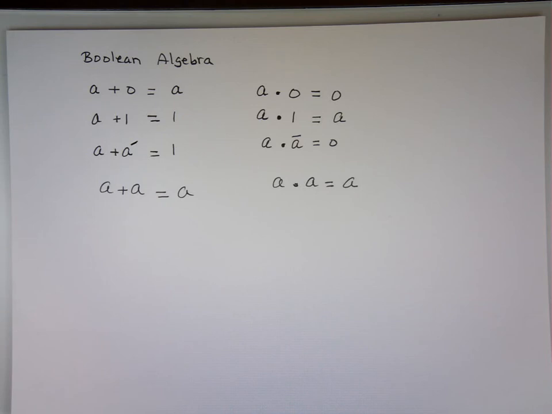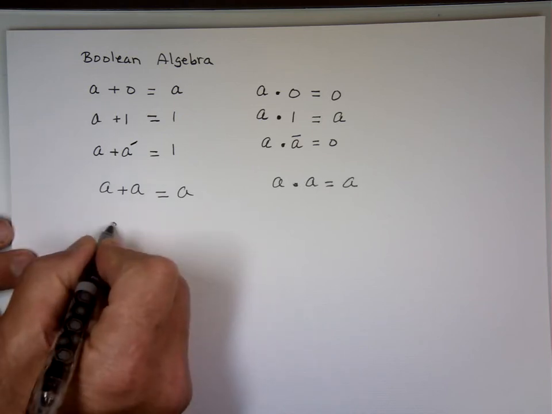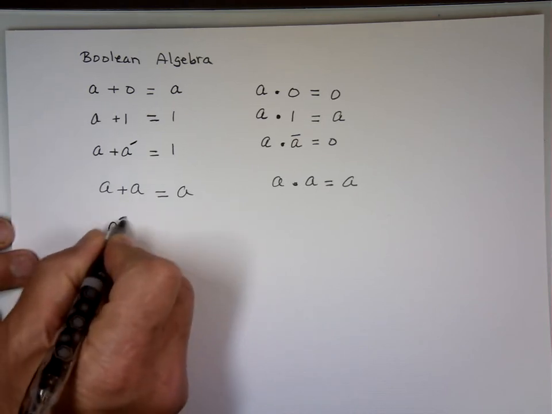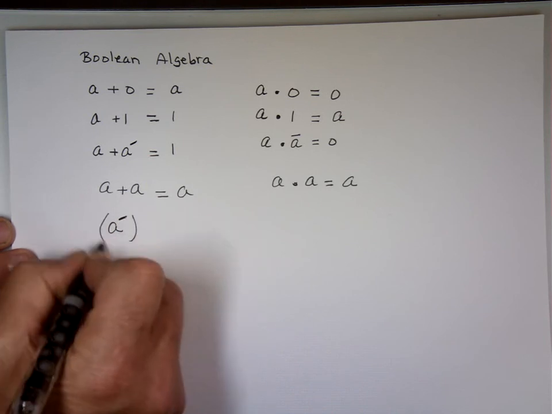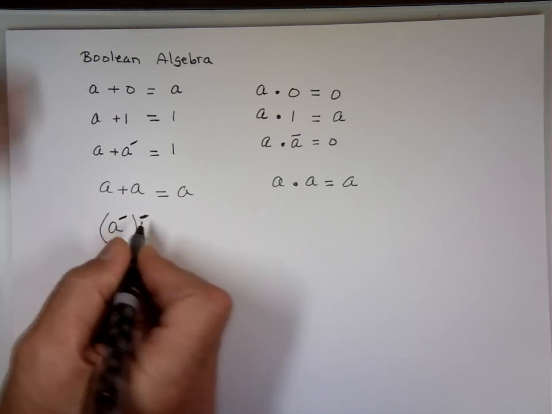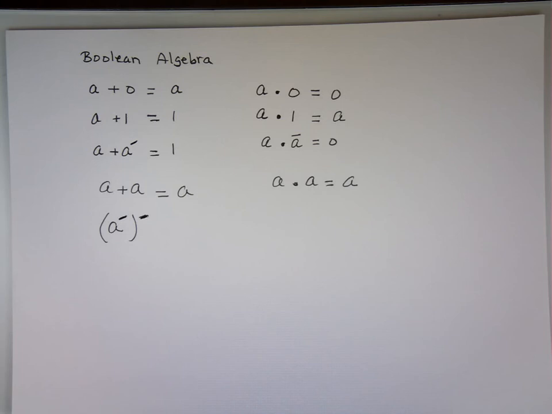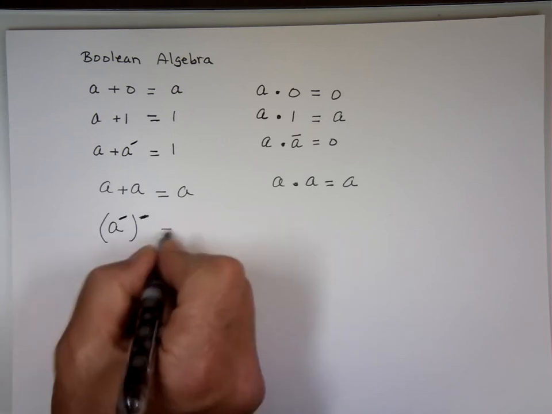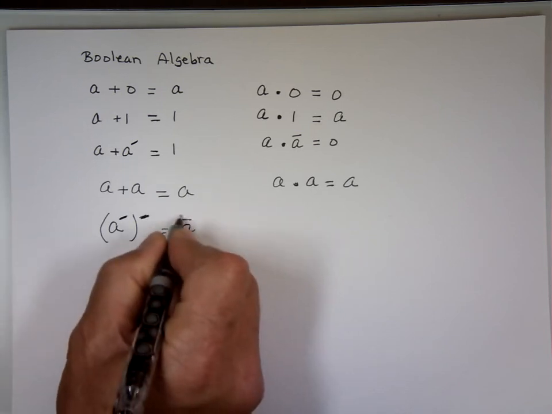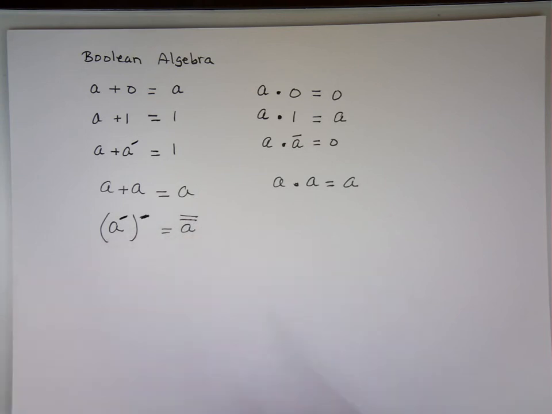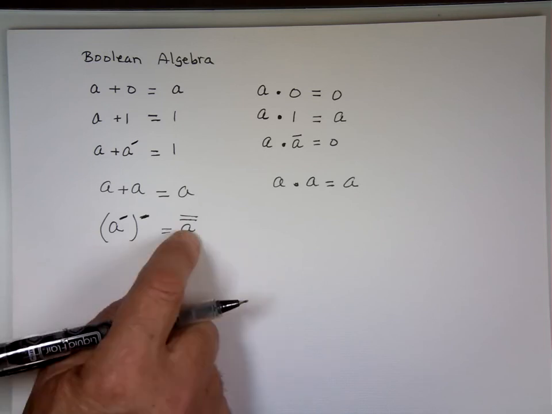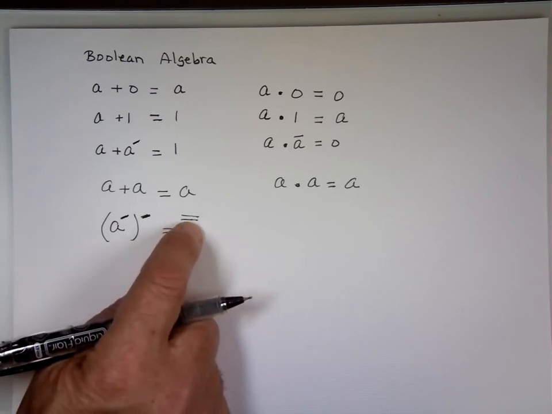What about if we have a double complement? That would just be A. I usually write that double complement, double bar. So pick a value for A, 0 or 1, doesn't matter. If A is 0, once you complement once it becomes 1, then complement again, it goes back to 0.